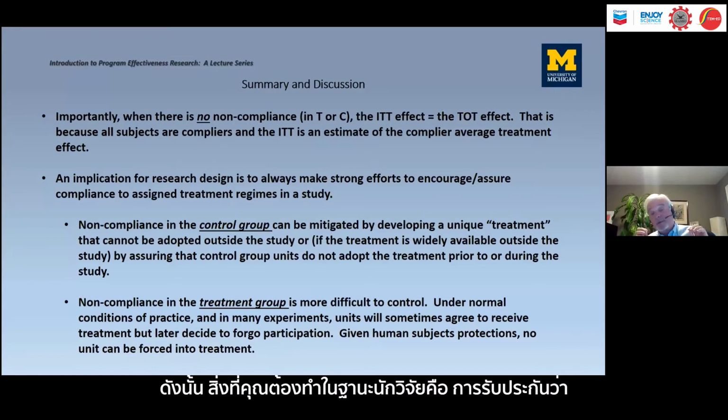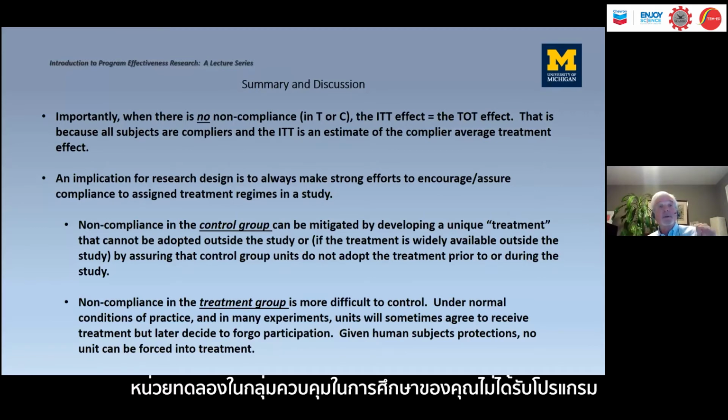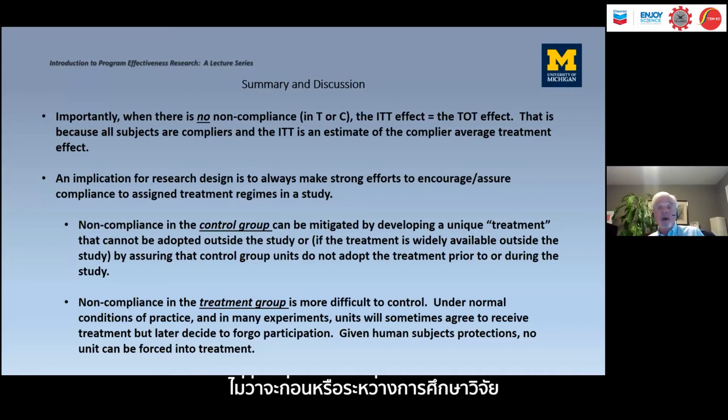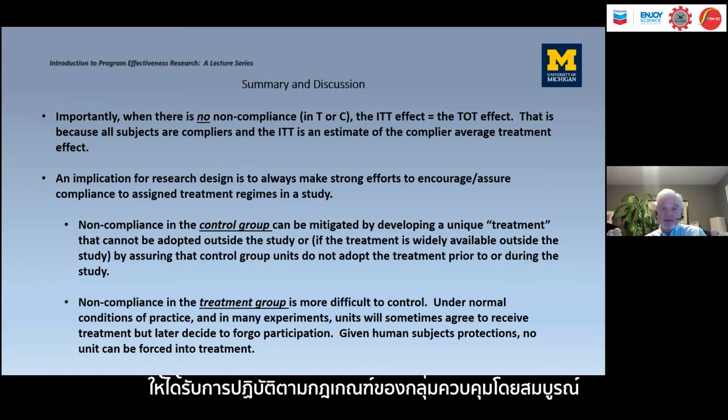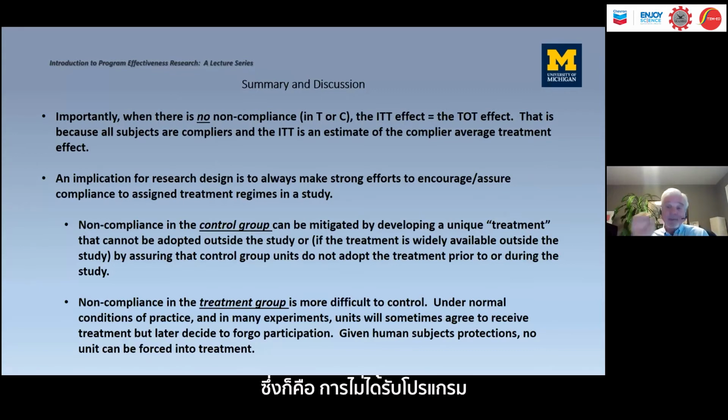And so what you have to do as a researcher is to assure that the control group units in your study don't adopt the treatment either prior to or during the study. That procedure is important to trying to get total compliance to the control group regime, which is absence of treatment.